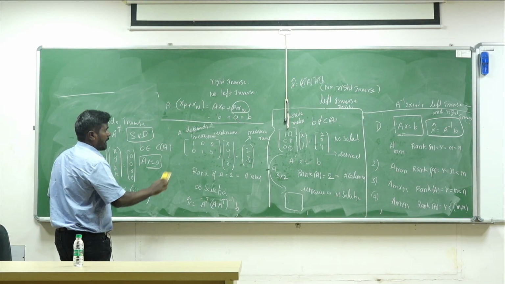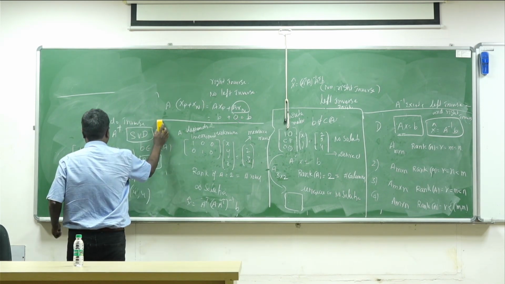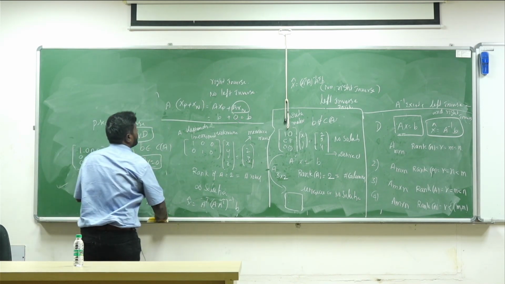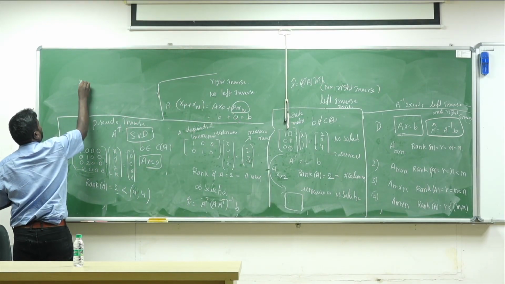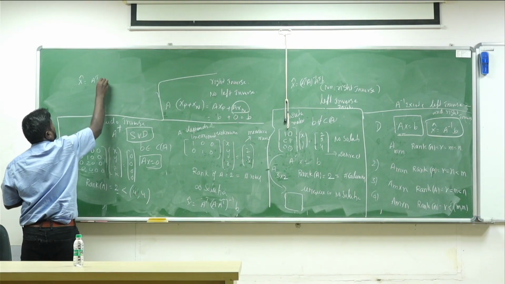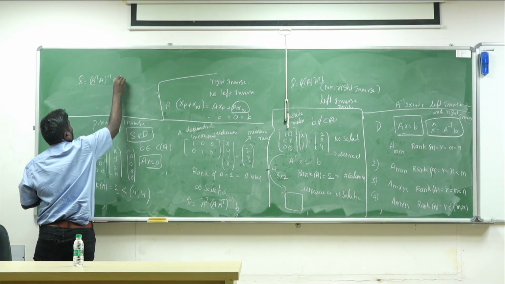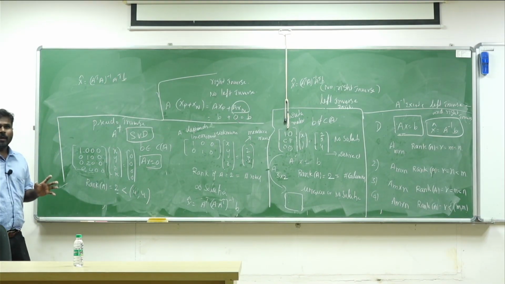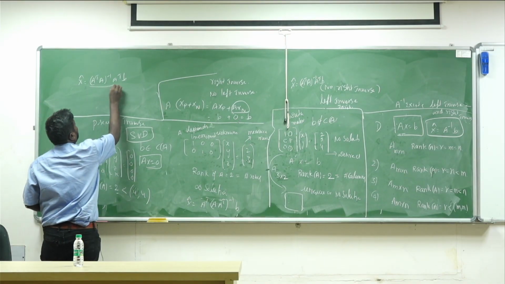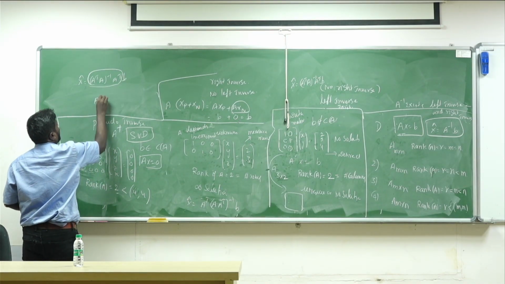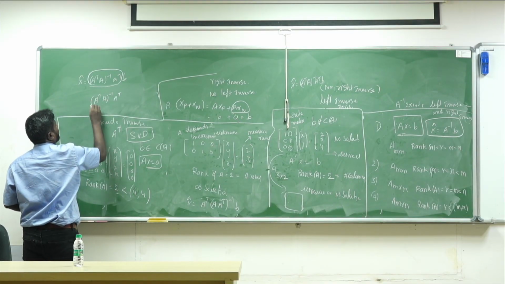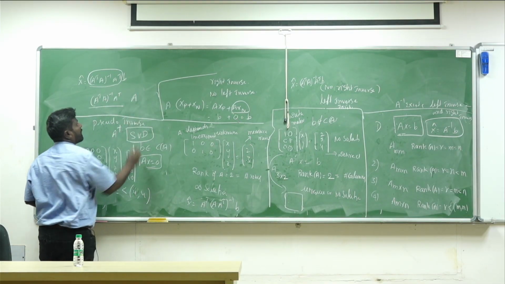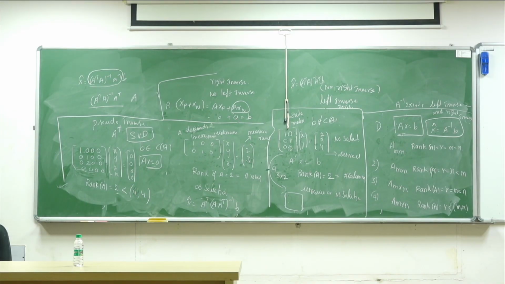I'll do it here. Now we know that the least square solution is this. Now I take this part and multiply it with A. What would I get?